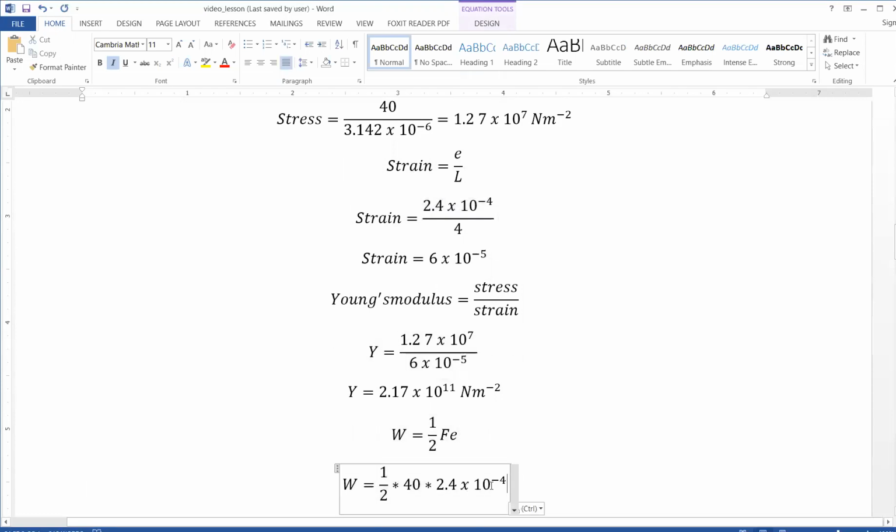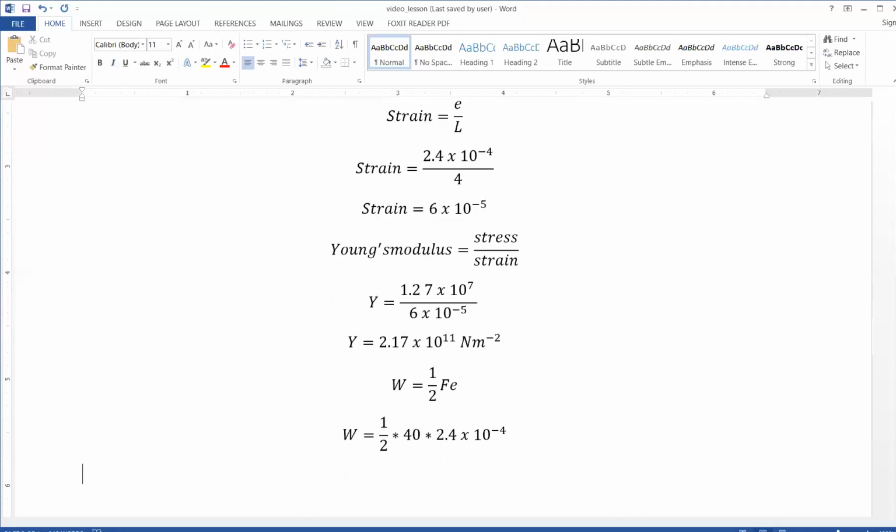So if you put that value there and compute that, you should get your work done in the elastic material. So equals, if you just apply a calculator, 2.4 exponential negative 4 multiplied by 20, you should get 4.8.